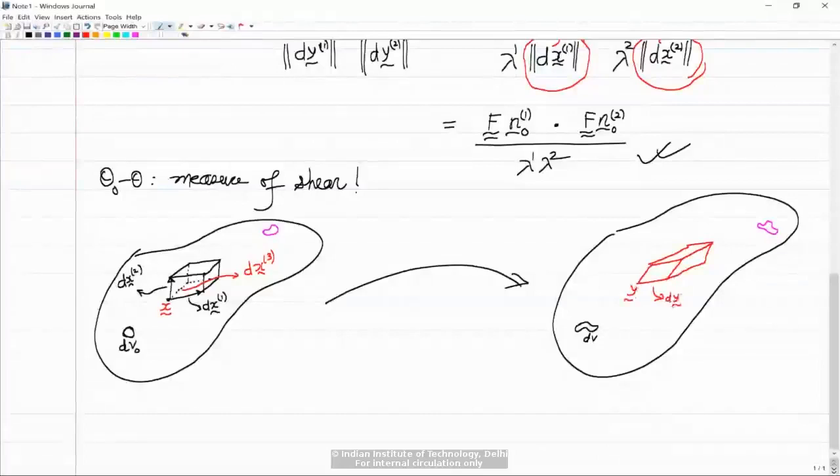This is dy1. This is dy2, and then you know where is dy3, right? So now what's the volume of a parallelepiped? If you know the three sides, what's the volume of a parallelepiped?